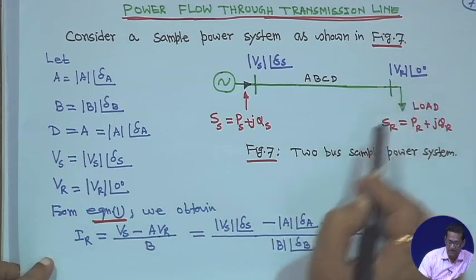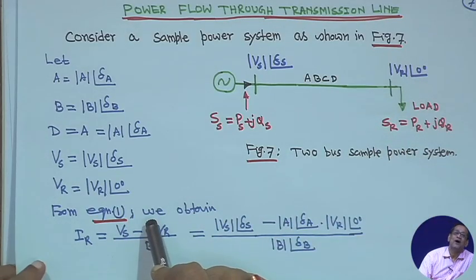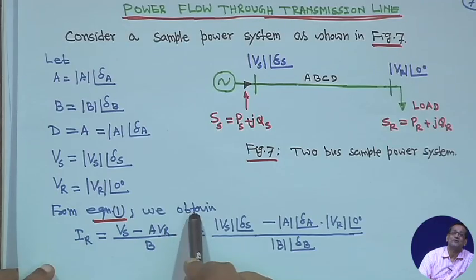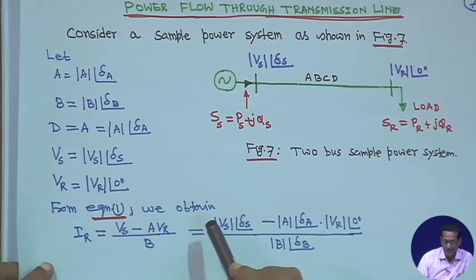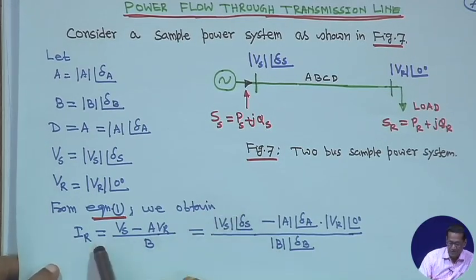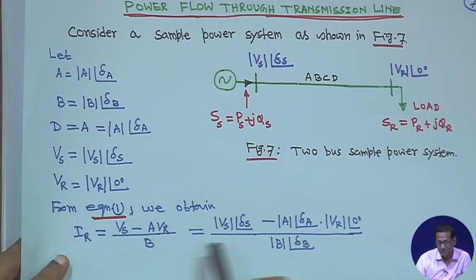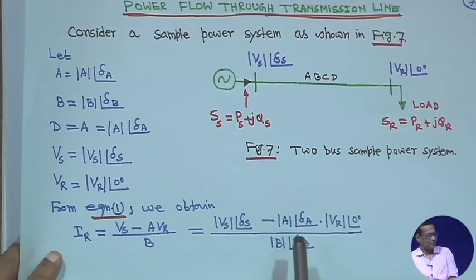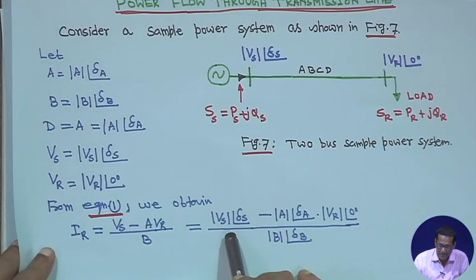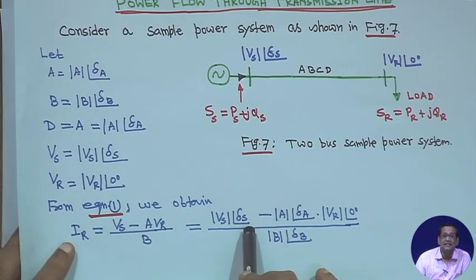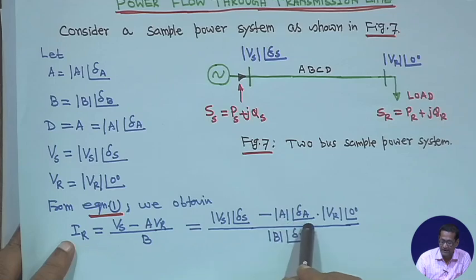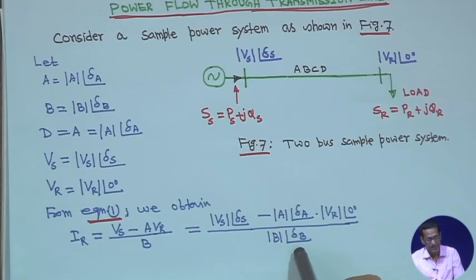So, from equation 1, the first equation for this topic, we have Vs is equal to A Vr plus B Ir. From here, Ir is equal to (Vs minus A Vr) upon B. Substitute Vs, Vr, A, B in terms of their magnitude and angle. Therefore, Ir is equal to (magnitude Vs angle delta s minus mod A angle delta A times mod Vr angle 0) divided by mod B angle delta B.